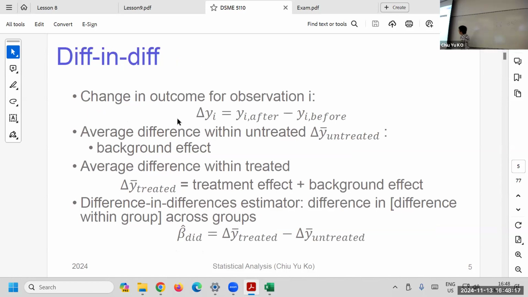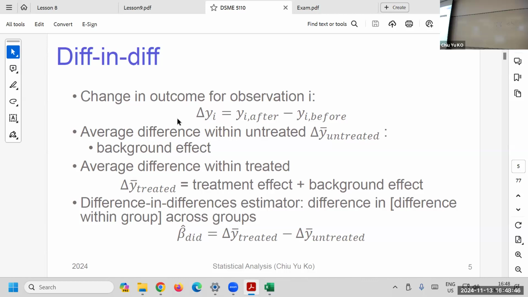The idea is like this. Each observation's difference is a guy after the treatment and before the treatment. The treatment is, say, you got a master's degree, for example. If you can control that before and after they're the same, that's fine. But usually before and after you measure at a different point of time. It's very difficult, just like with medicine: your body will self-heal, you have the white blood cells and all that.